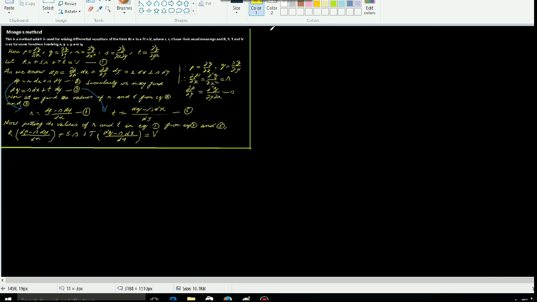So we get R dy (dp minus s dy) plus capital S into small s dx dy plus capital T dx (dq minus s dx) is equal to V dx dy.